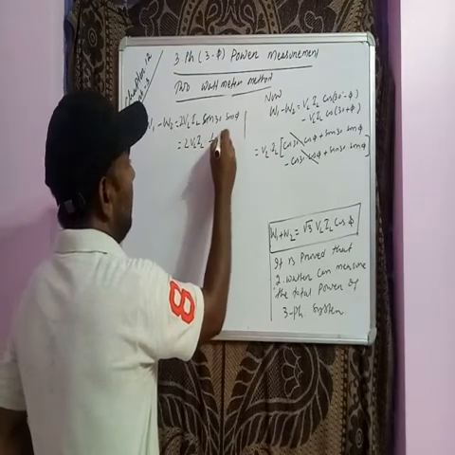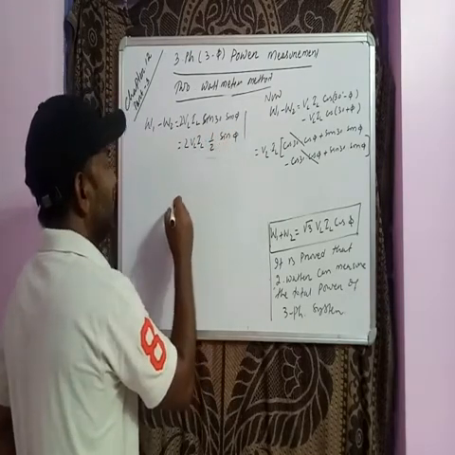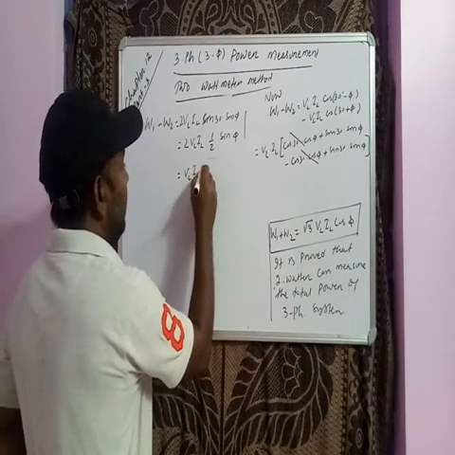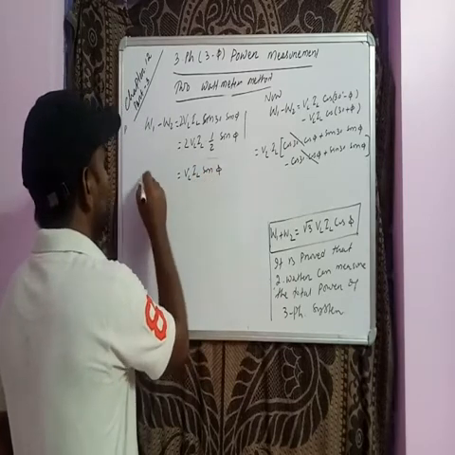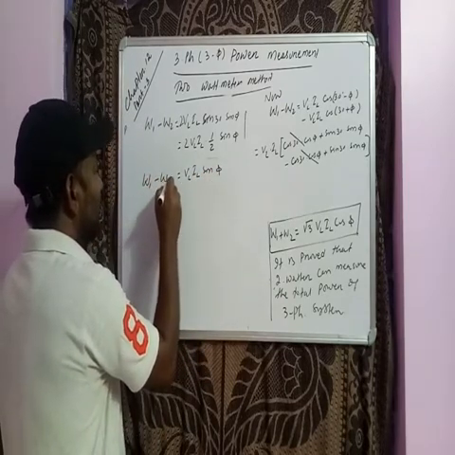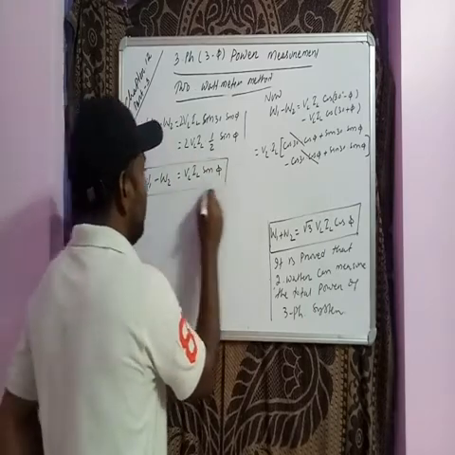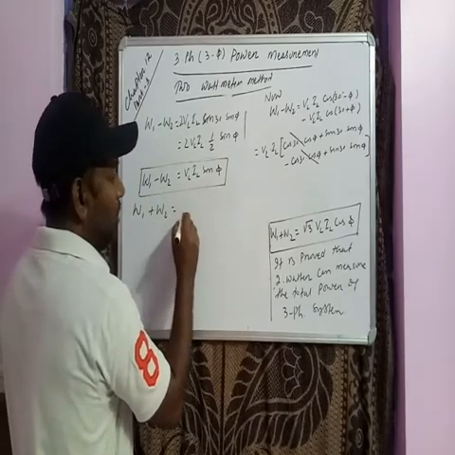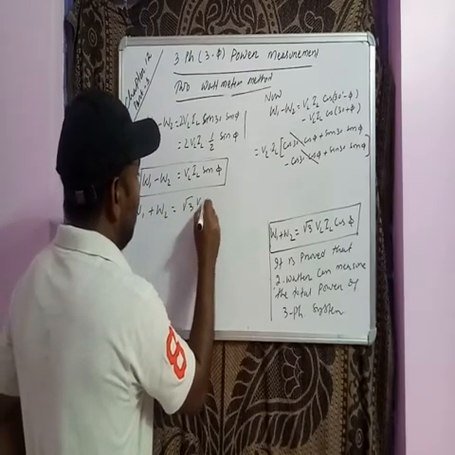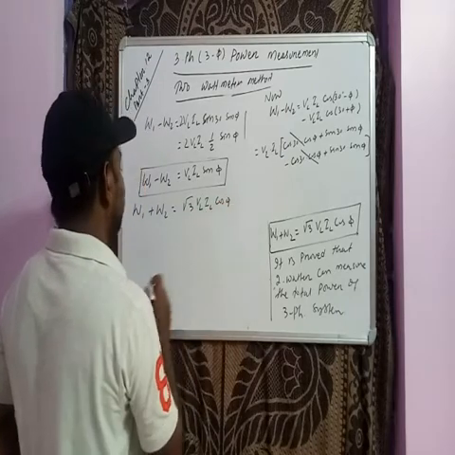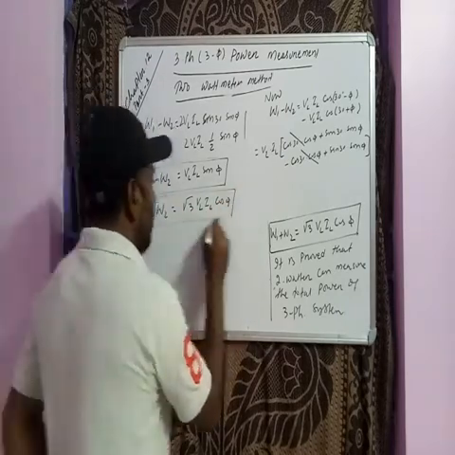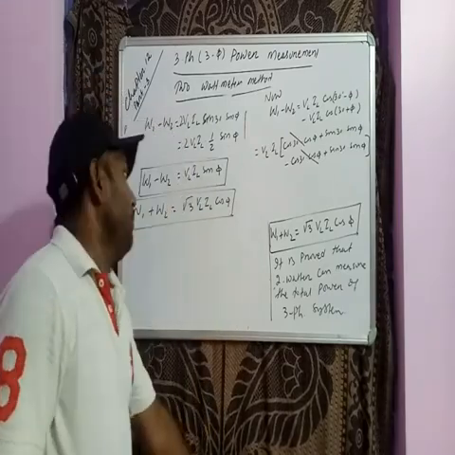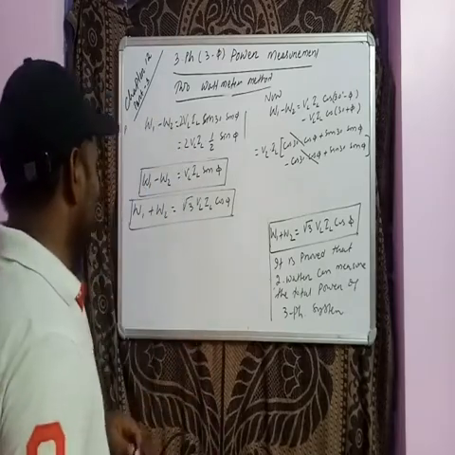Sin 30 is half, so this becomes VL IL sin phi. So W1 minus W2 is equal to this one. W1 plus W2 is equal to root 3 VL IL cos phi. Clear? So two formulas we get here: W1 minus W2 and W1 plus W2.